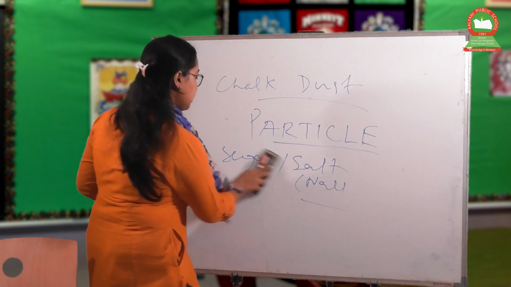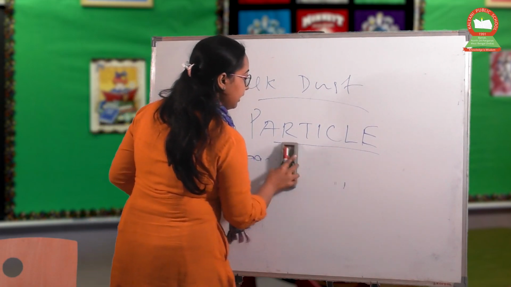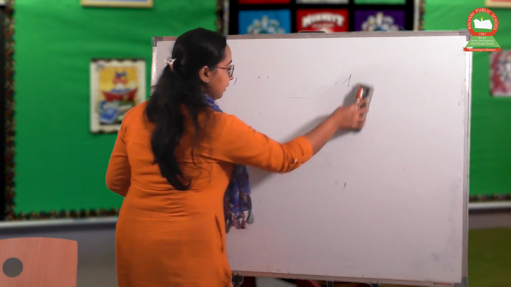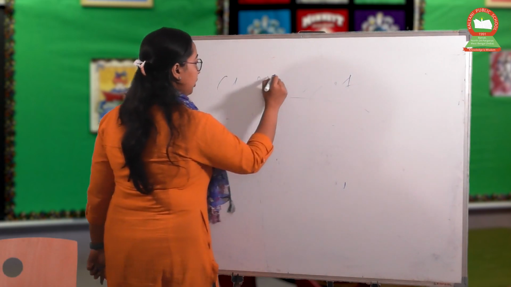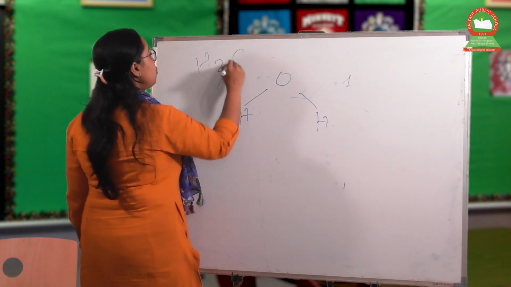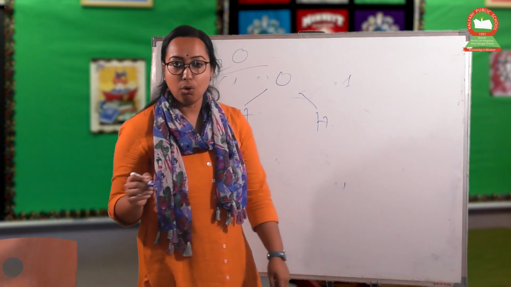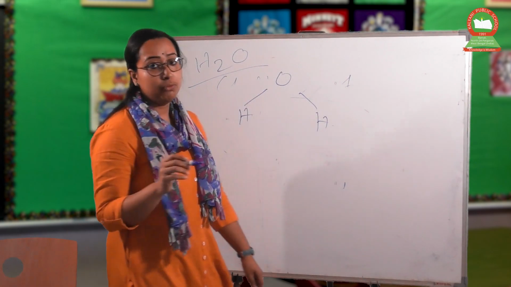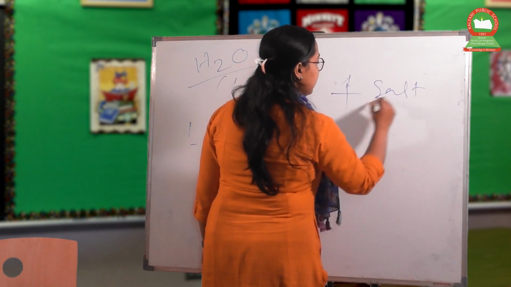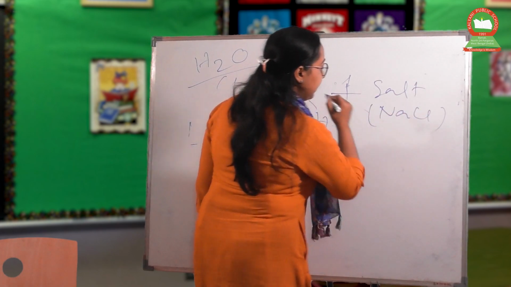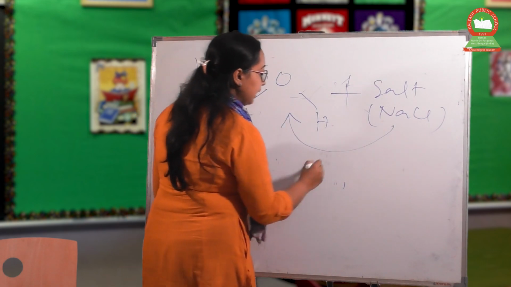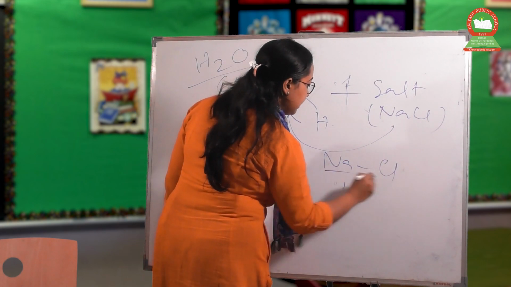Can you just see exactly what chemistry is behind this? So now this is a water molecule. Water, we all know what water is? H2O, right? H2O, and this is the structure of the water molecule. Now when we add salt, NaCl, this NaCl will break into Na and Cl.